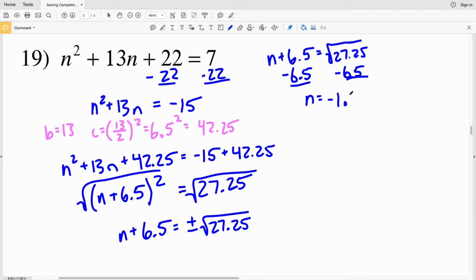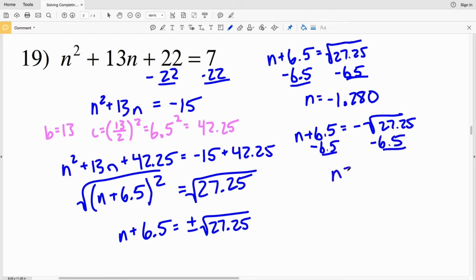So -1.280, and for n plus 6.5 equal to negative square root 27.25, I'll subtract 6.5 from both sides to get that n is equal, typing that into my calculator, a -11.7201, which rounds to -11.72. So my solutions in number 19 are -1.28 and negative 11.72.